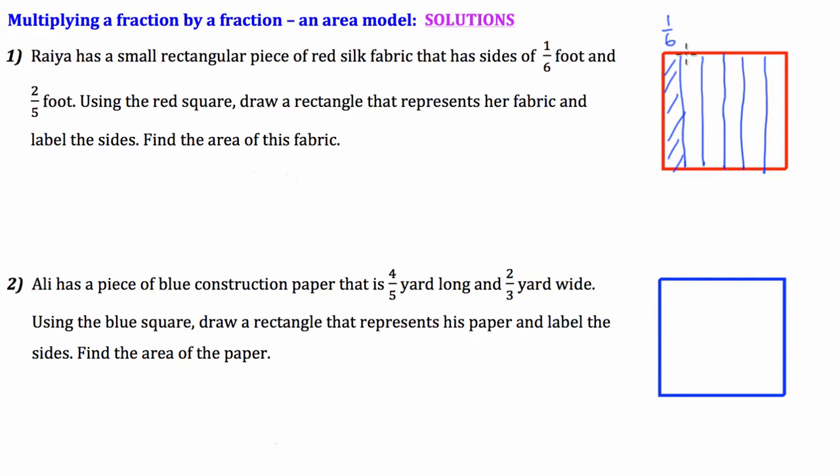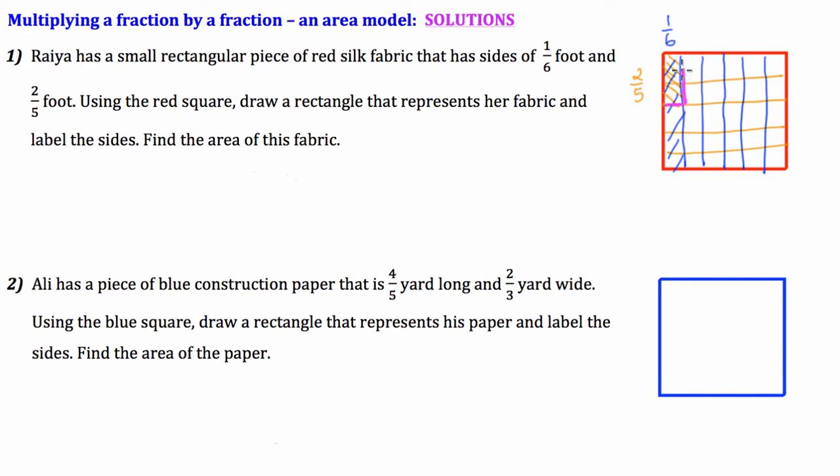So let me then split this into 5 equal parts on this side. So these are fifths and this side is 2/5. So this is her rectangle. Let me outline it.